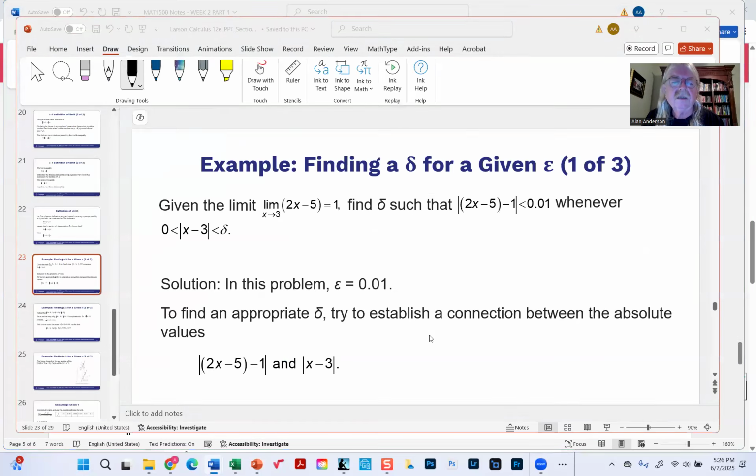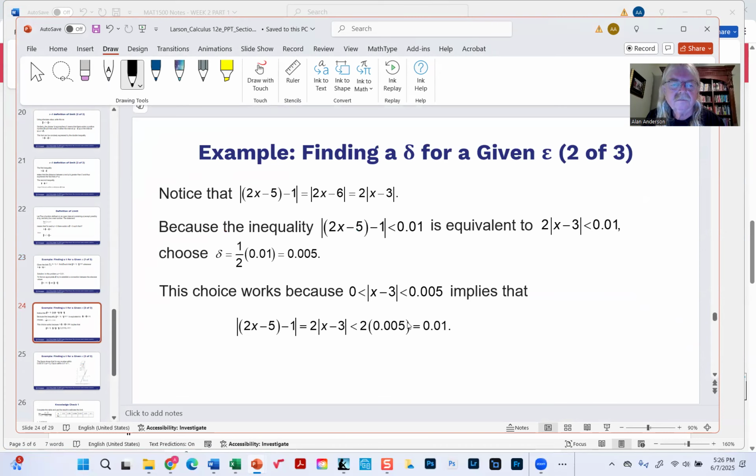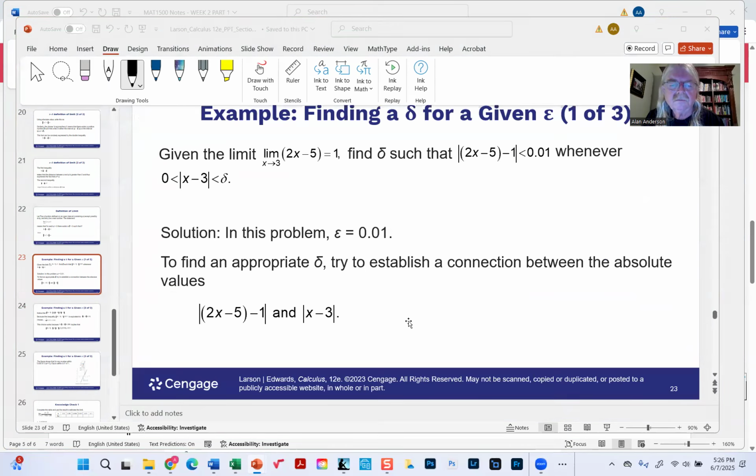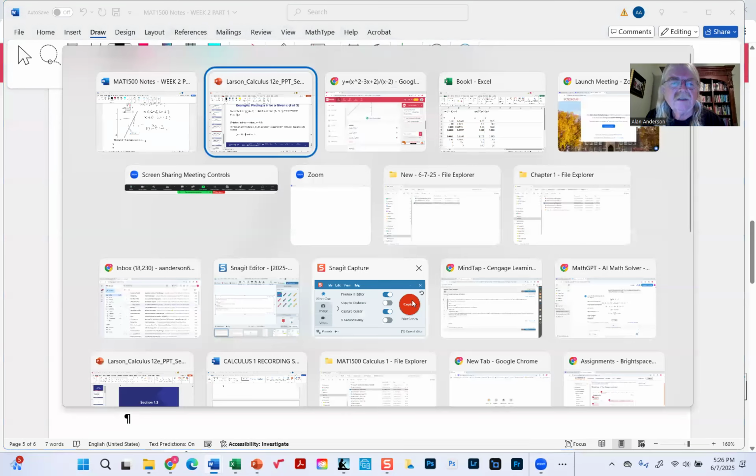No, wait, sorry. X minus c. Let me make sure I write this out correctly.